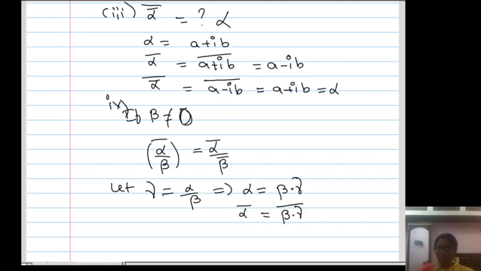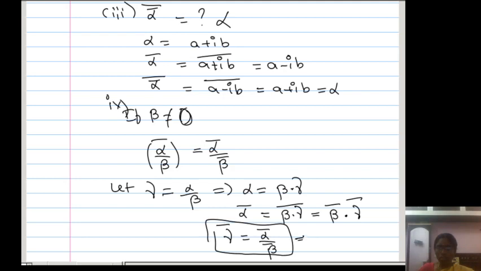But by the second property, the product form that we discussed previously, alpha beta whole bar is alpha bar into beta bar. Here also, using that, beta gamma whole bar is equivalent to beta bar into gamma bar. Now I can write from this that gamma bar is equal to alpha bar by beta bar. Okay, I think we proved it now, because gamma is alpha by beta.